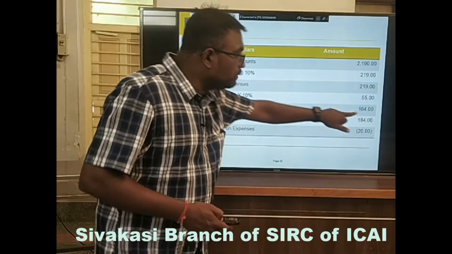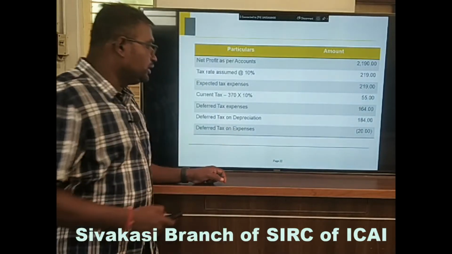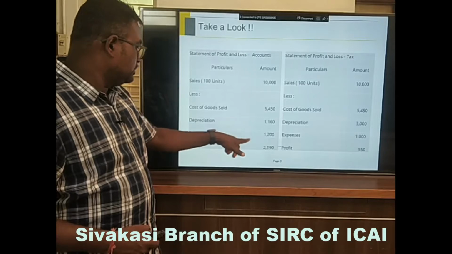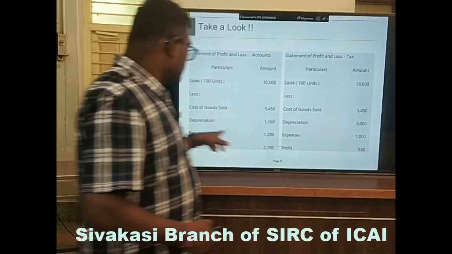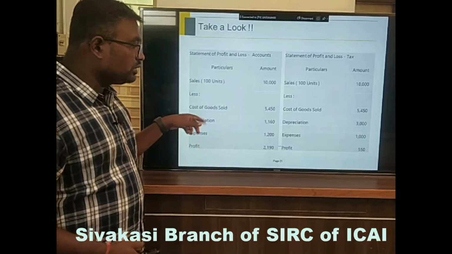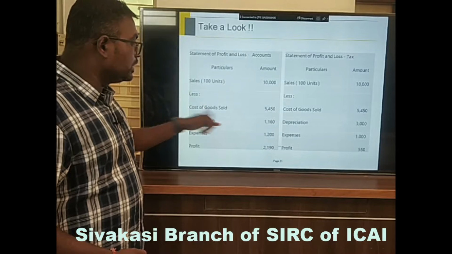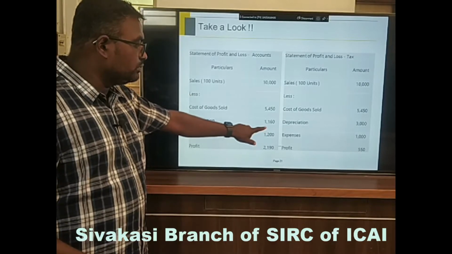So how does this 164 come? Because there is a difference of 184 on depreciation. Example, depreciation allowed under income tax is 3000, whereas depreciation recorded in the books is only 1160.